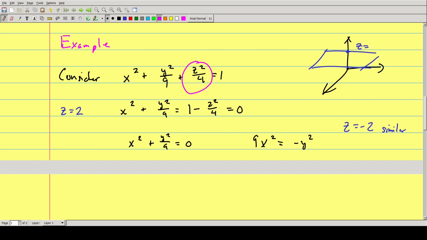It turns out that if I would have chosen values that were larger than 2, I would have gotten equations that I wouldn't have been able to solve. So if I had chosen, say, z equals 3 here, I get this equation, right? I would have gotten a negative number on the other side of the equation, so it would have been inconsistent; there's no x and y that would make that true.